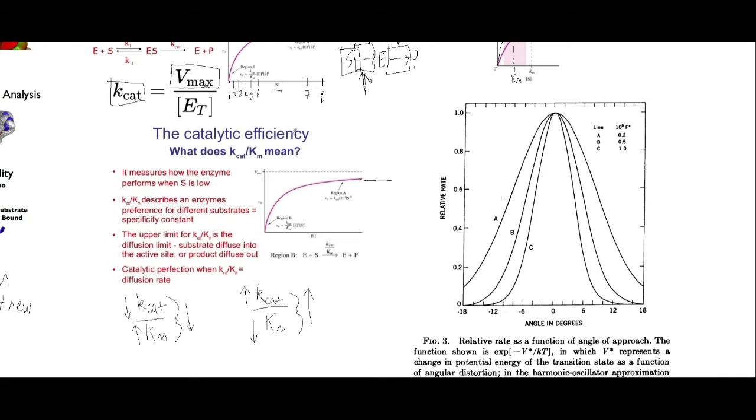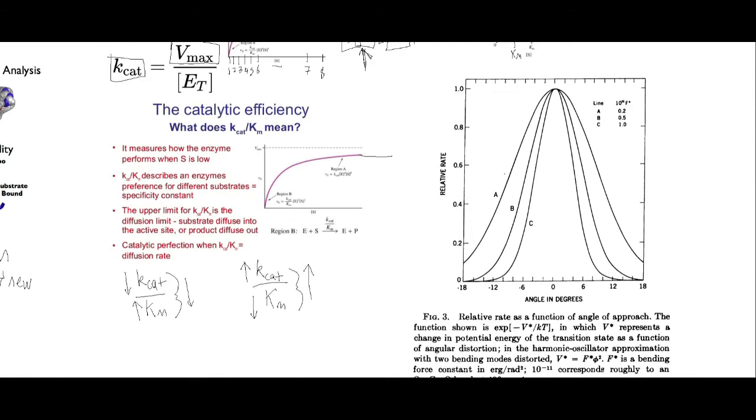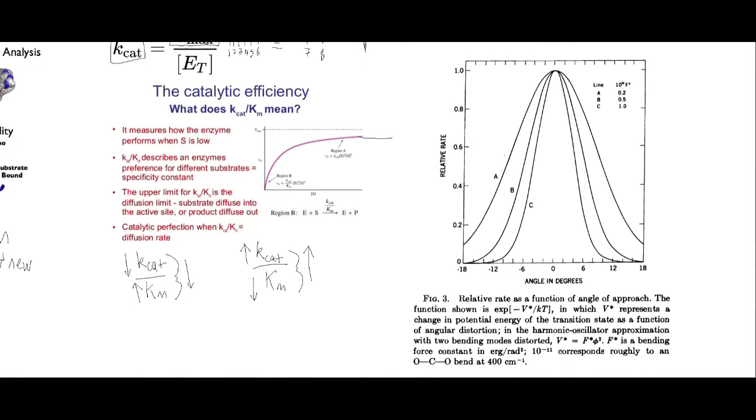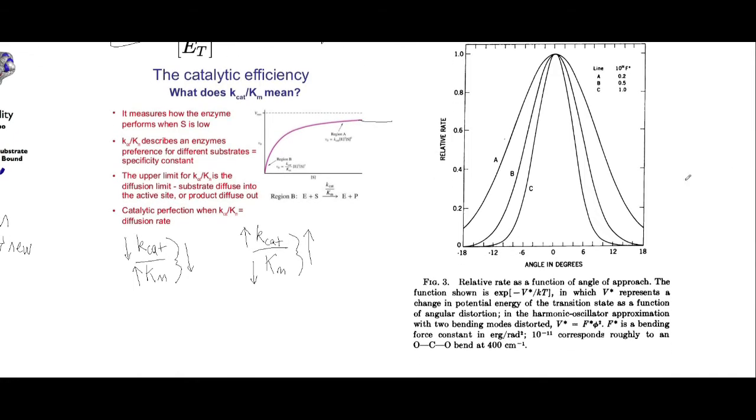And so one thing I wanted to point out, this is often kind of overlooked in enzyme kinetics, and I touched on it very briefly in an earlier video, is this idea of orbital steering.